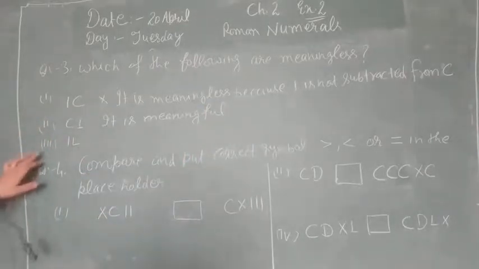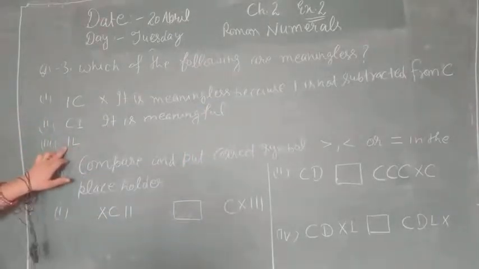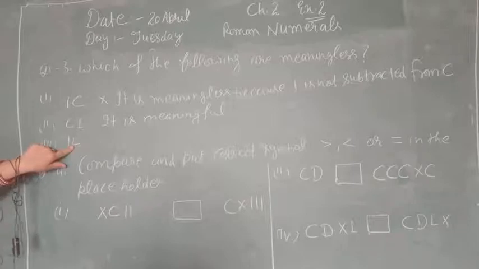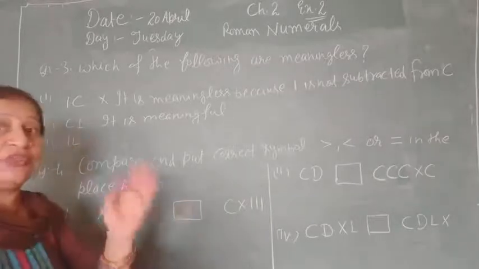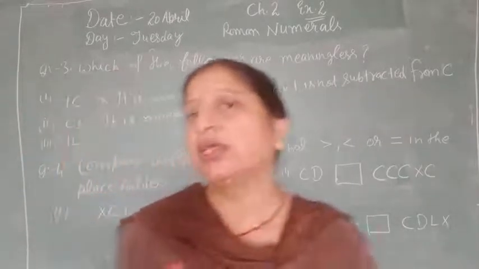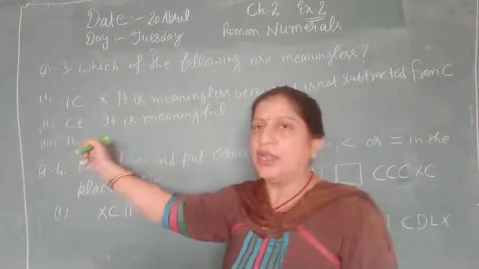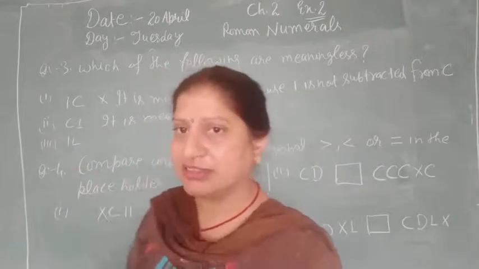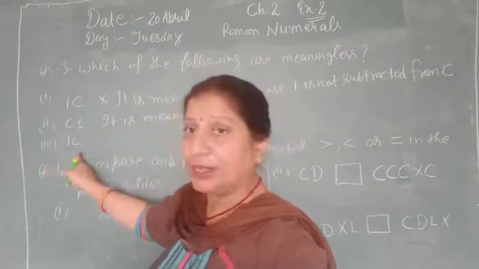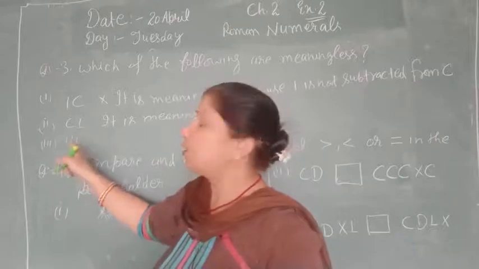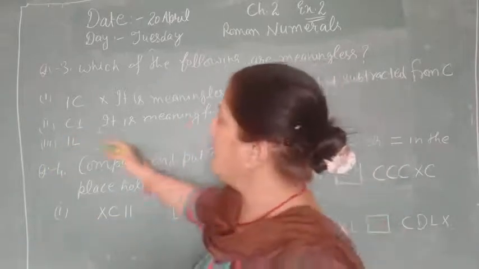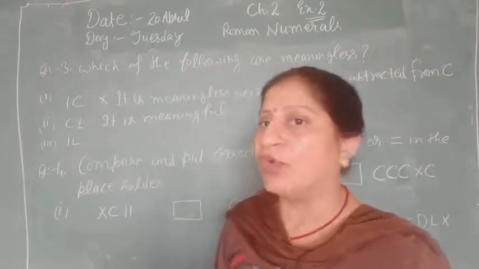Now our next, third part is IL. Clear this one? And we know that L is used for 50. And before 50, we have the symbol X that is used for 10. So from L, we subtract the number X. But here in this statement, we see that 1 is subtracted from 50. So it is out of our rule.